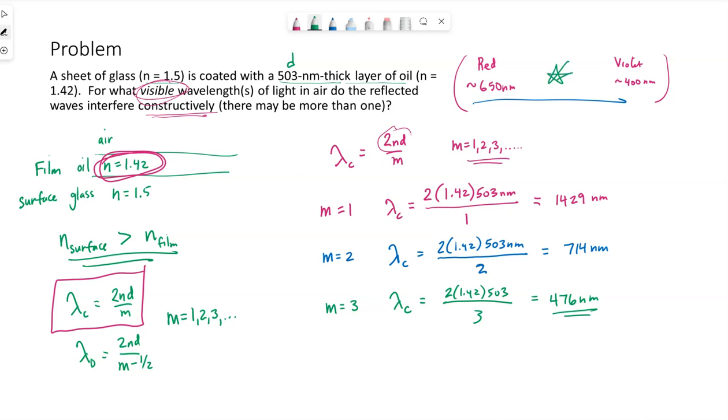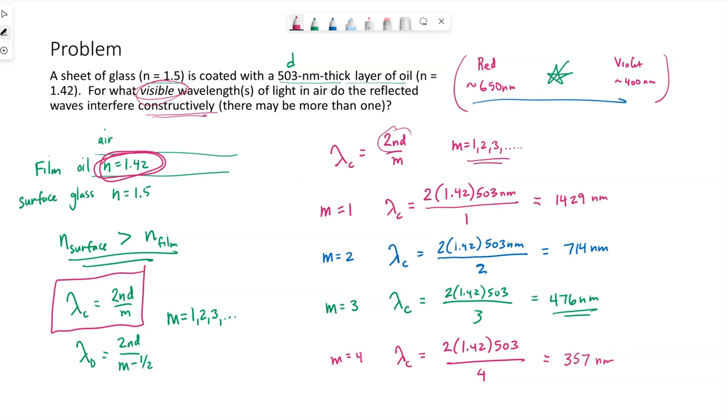But I have to go to m equals 4 and see if this is also visible. You might recognize that it's not going to be, but always be sure that you prove that to yourself, because it's possible that more would interfere. So 357 nanometers.